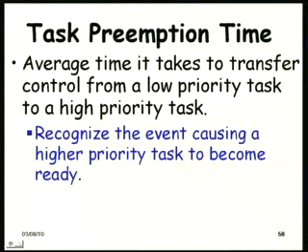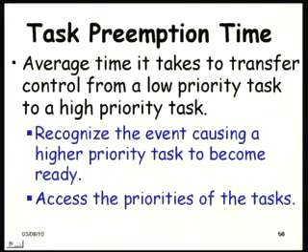So here, if a high priority task has become enabled or has just arisen, it should get the CPU, isn't it? Because it is a preemptive priority based system that we are discussing. So, the work that is involved is to recognize the event causing a high priority task to become ready.